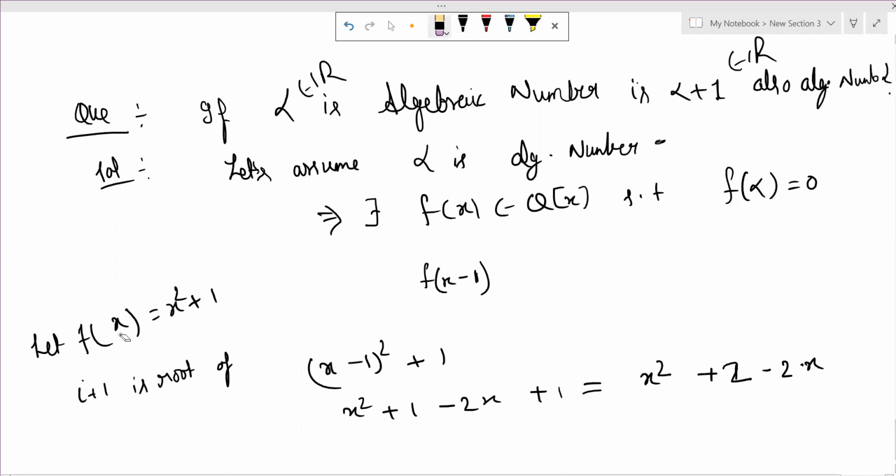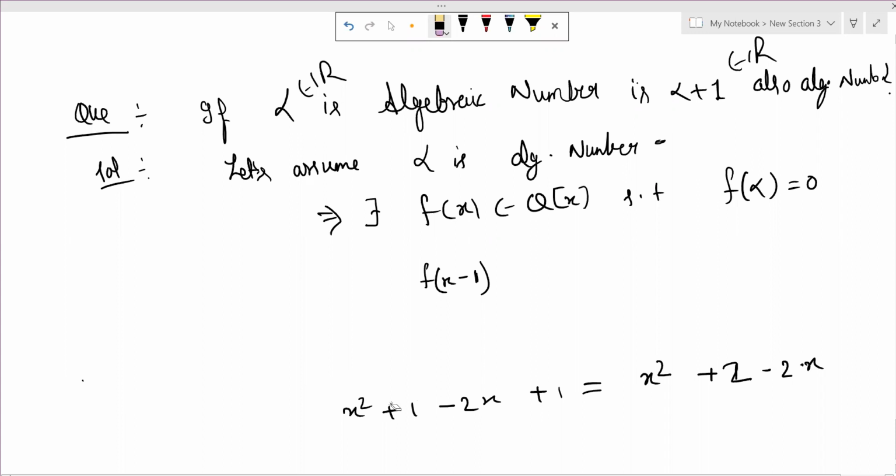Is this clear to you? What argument Muthukumar gave, is this clear to you or not? Taking a polynomial f(x) equal to x square plus 1 and just expanding.